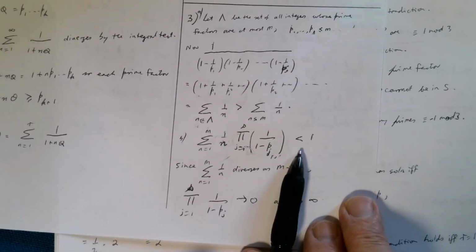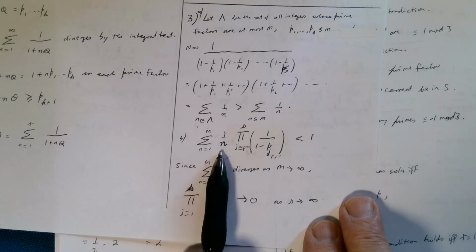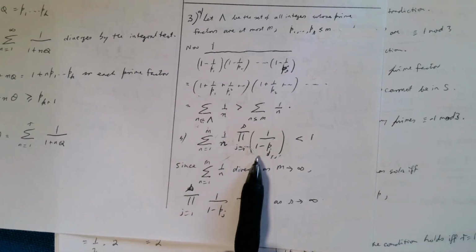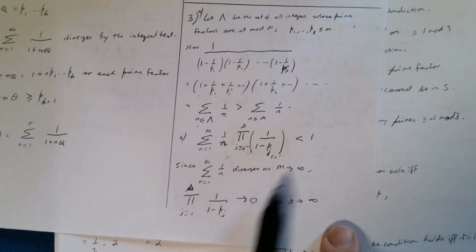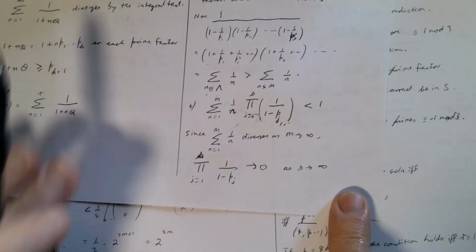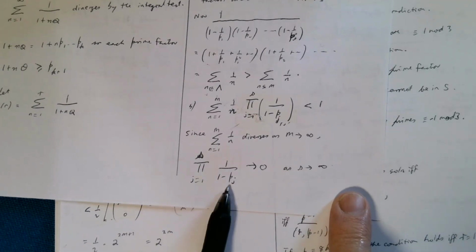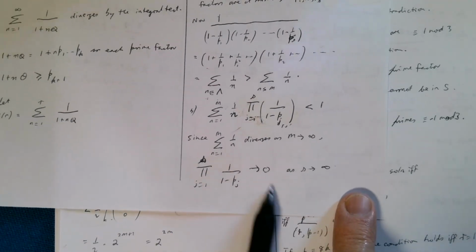And now we know that this diverges as m goes to infinity. This diverges, so the product must be converging to 0, because the product of the two has to be less than 1. And so we see the desired result. This diverges as m goes to infinity, so the infinite product must converge to 0 as s goes to infinity.